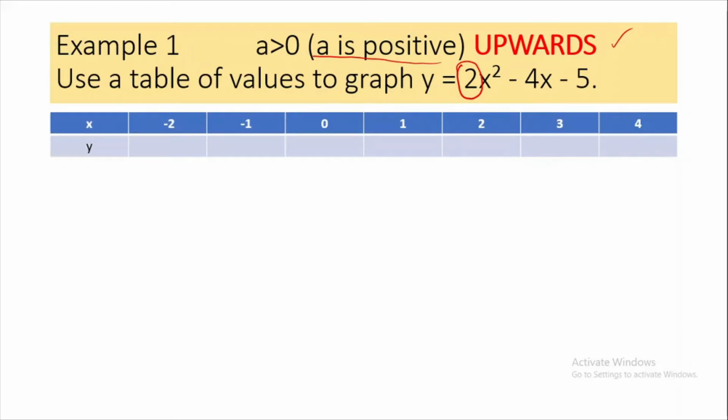First, we need to enter the values of x and y into our table. In this case, the values of x are already given.